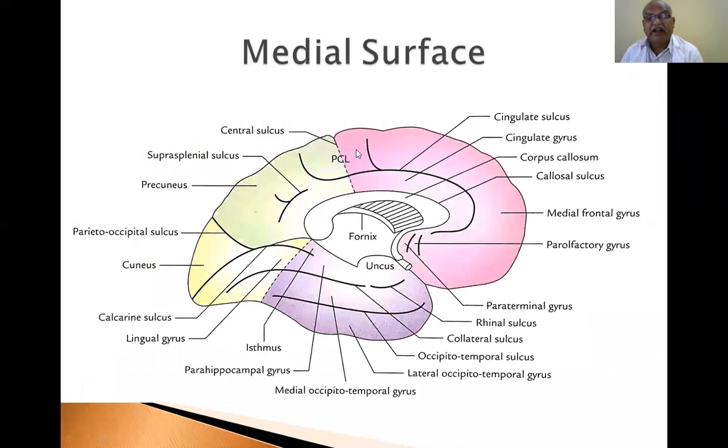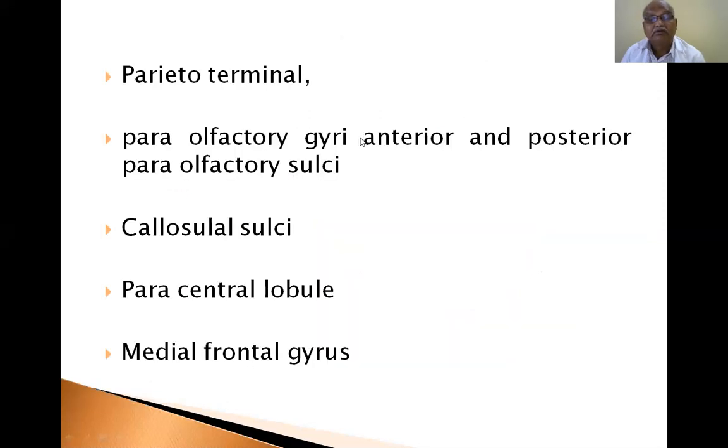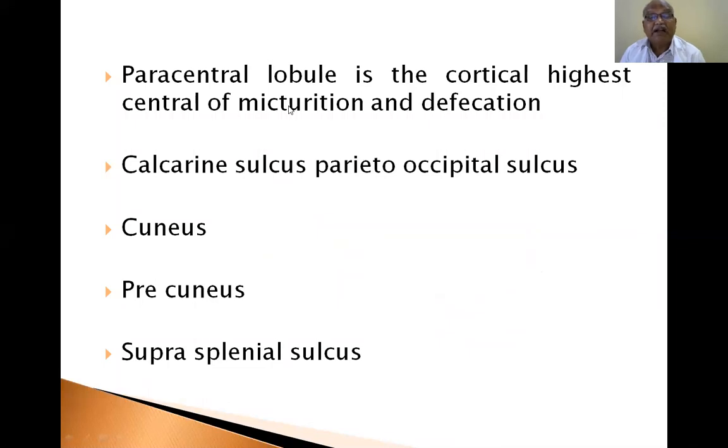The urinal center and the lavatory center are in the paracentral lobule. Both urination and defecation are controlled by this area, where I put the cursor.